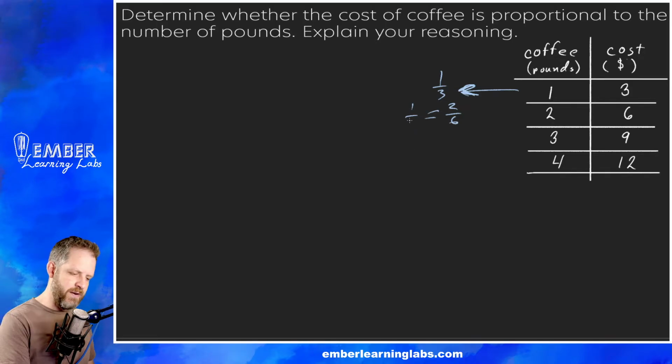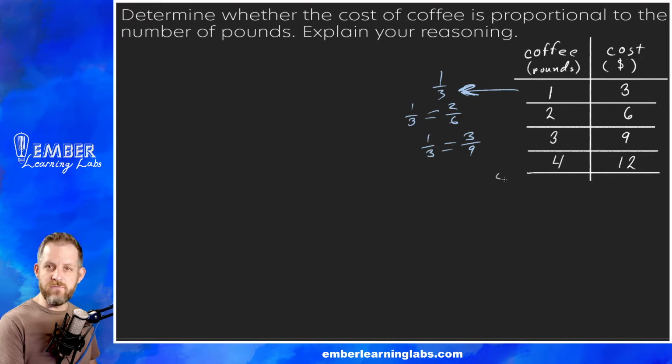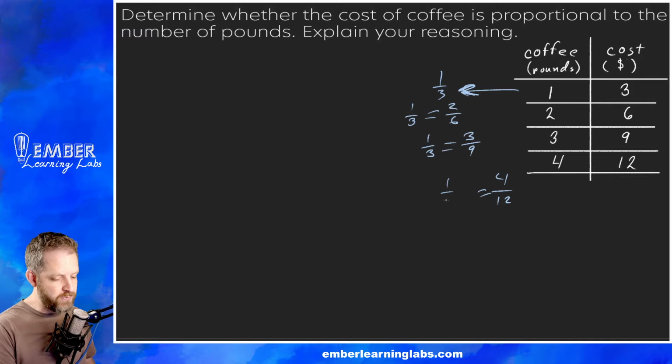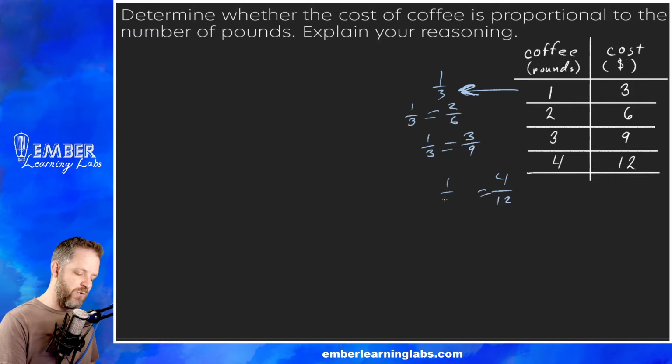It would help if I would write the number 3. Does 3 to 9 equal 1 to 3? Well, yes, it does. Does 4 to 12 equal 1 to 3? Well, 4 divided by 4 is 1, and 12 divided by 4 is 3.